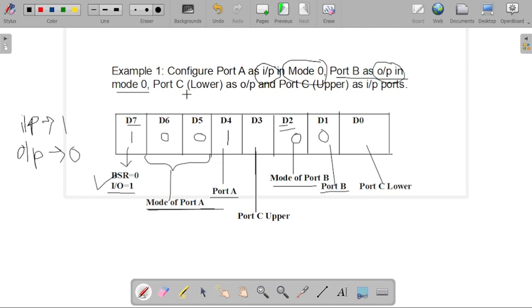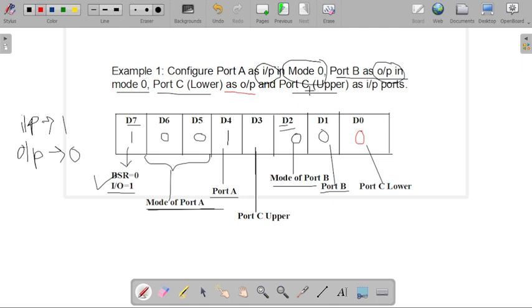Now the next one is the structure for port C lower and port C upper. For port C lower, it is set in output mode, so I am writing here 0 because it is operated in output mode.